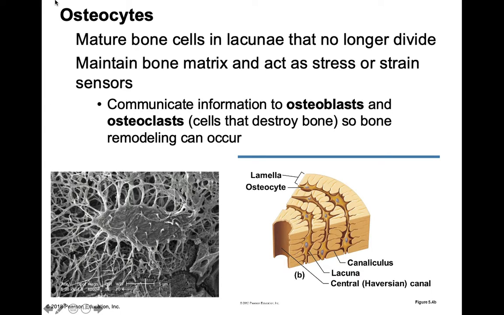So osteocytes are mature bone cells in the lacuna, these little crevices that you see right in here. These are all osteocytes. Major function: communicate information to osteoblasts and osteoclasts. They're the major bone remodelers, right? Breakdown and laying of bone tissue.